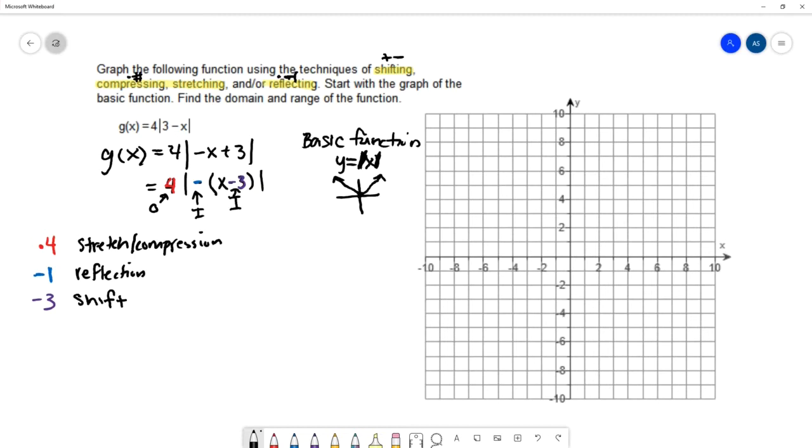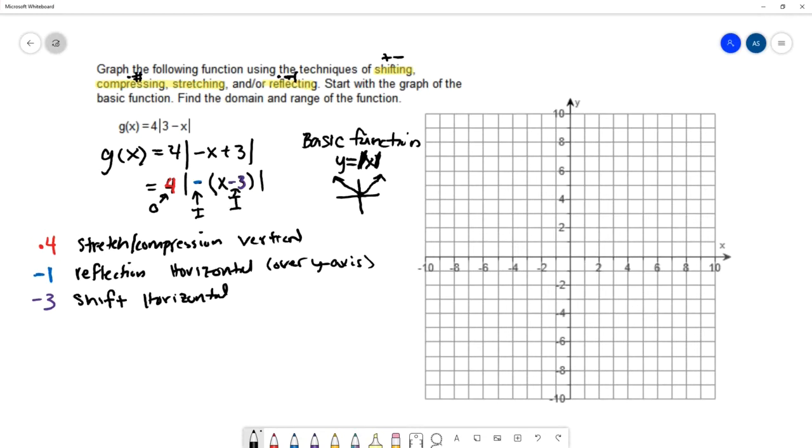So we know that our stretch or compression will be a vertical one, and our reflection will be horizontal, and our shift will be horizontal. So the reflection is a horizontal reflection, meaning that it reflects over the y-axis. And we don't need any other details about that transformation.